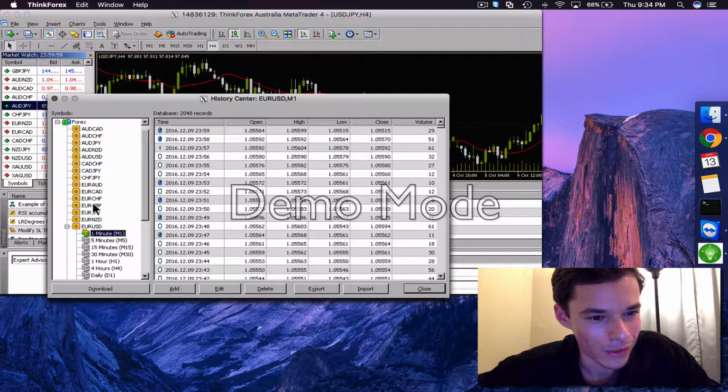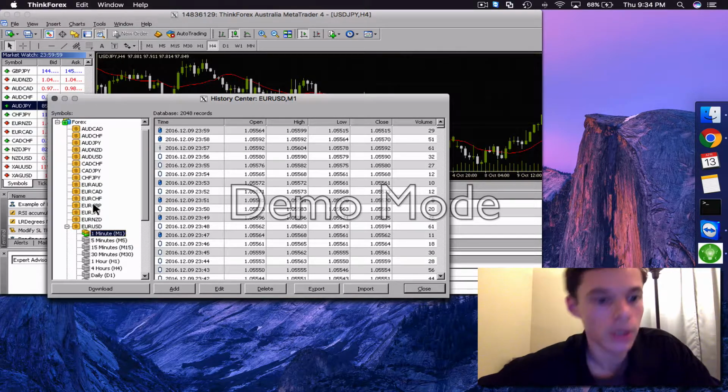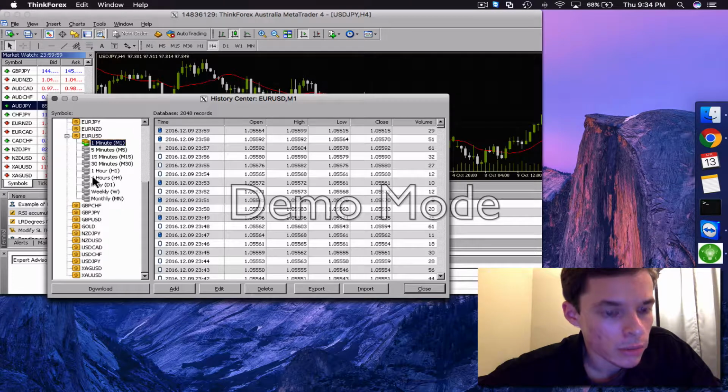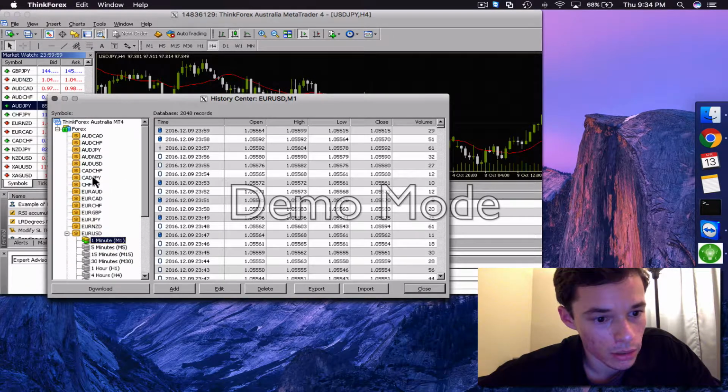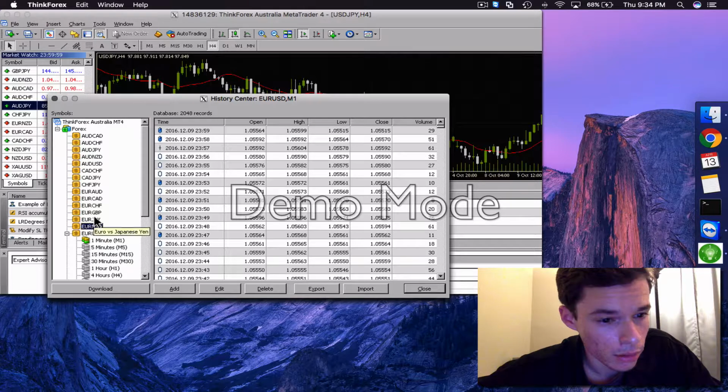And so these pairings are fixed. You can't really mix them up in whichever way you choose. Most of the base currencies are in the US dollar. And the quote currencies range from New Zealand to Japan to Great Britain to the Swiss franc.